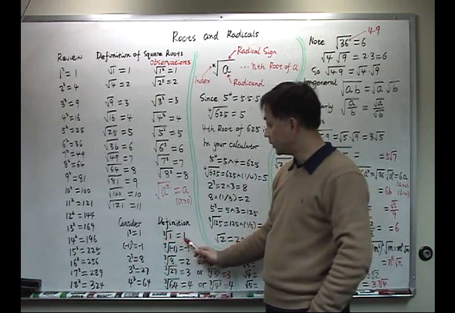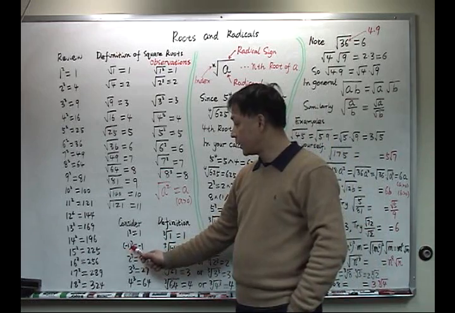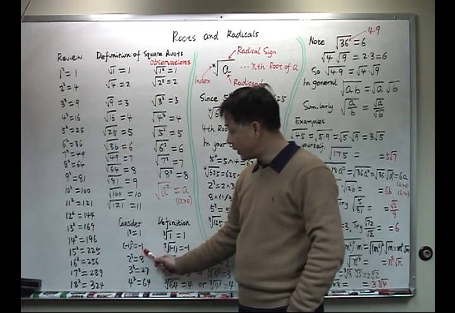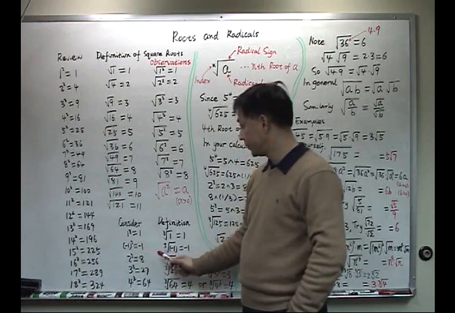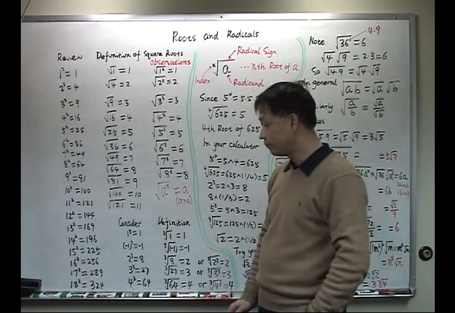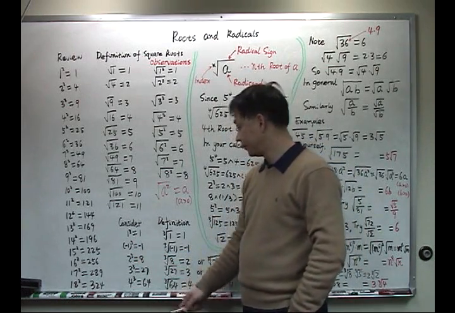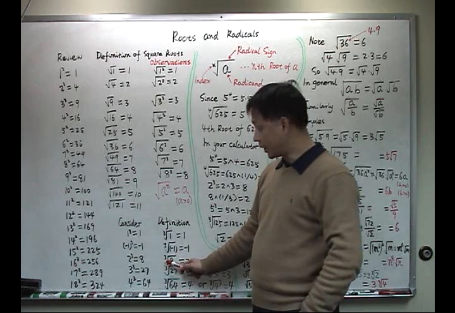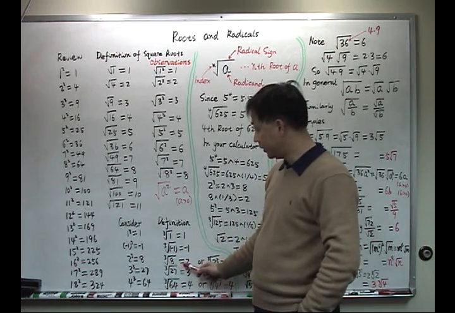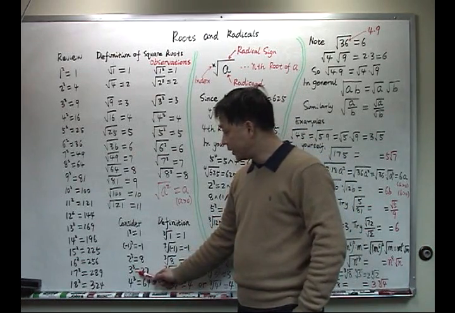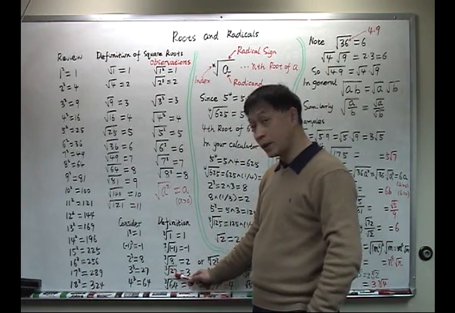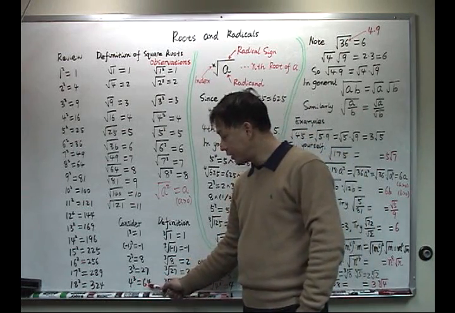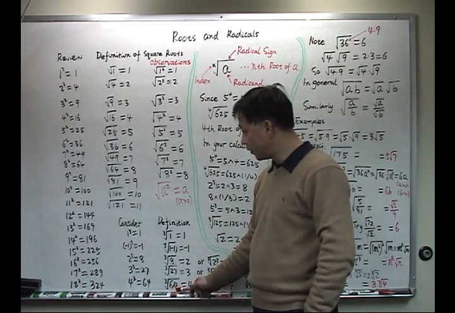Radical -1 cubed is -1 times -1 times -1, 3 times, so the cube root of -1 is going to be -1. 2 cubed is 8, then the cube root of 8 is 2. 3 cubed is 27, then the cube root of 27 is 3. 4 cubed is 64, then cube root of 64 should be 4.